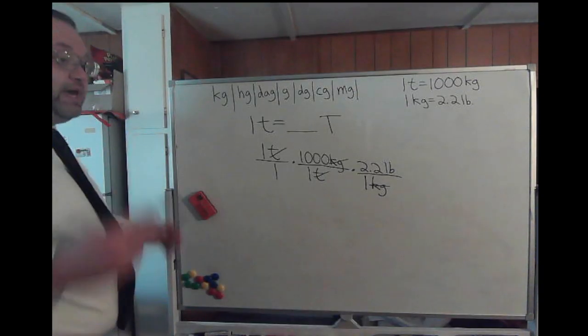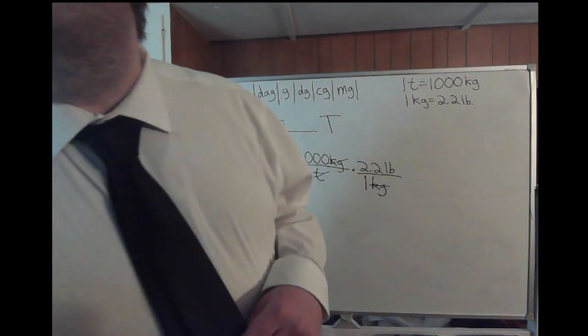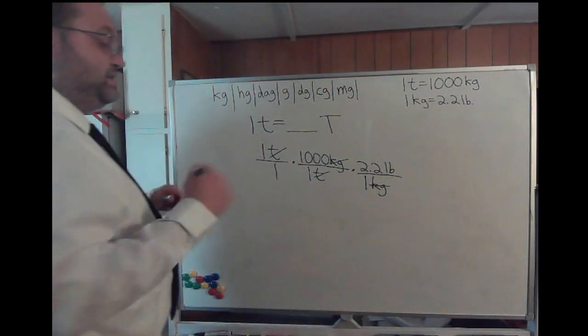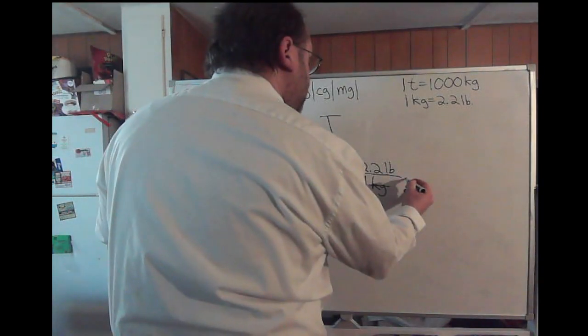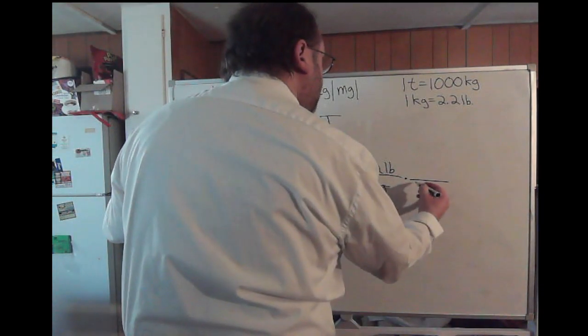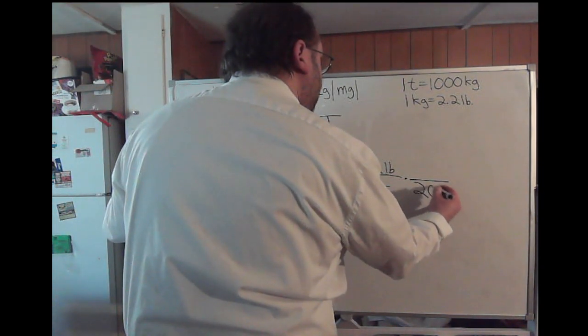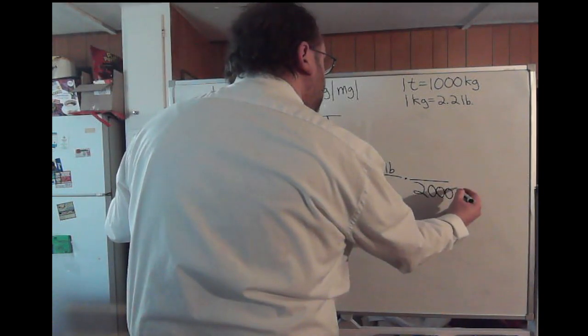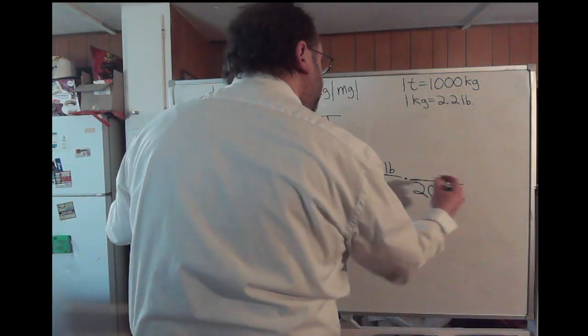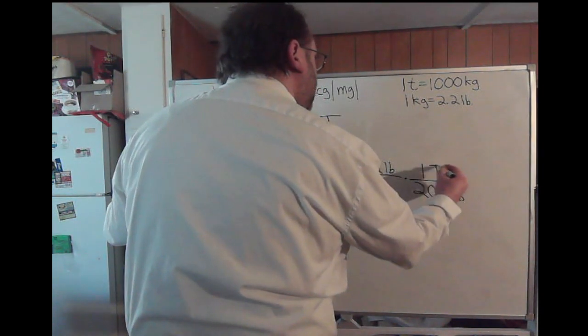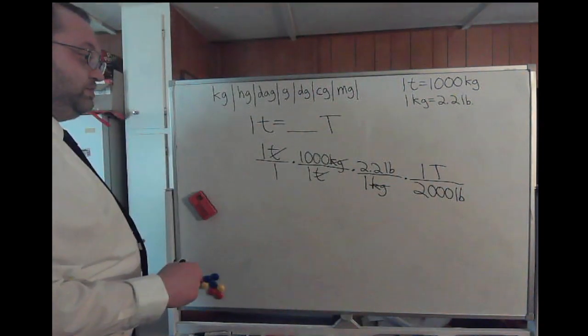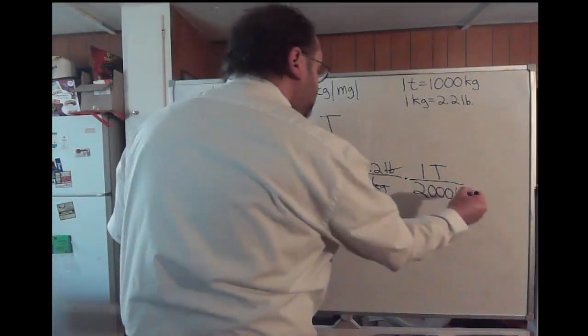Now we can get from pounds to American tons. We want the pounds to cancel out. We can use the fact that in 1 American ton, there are 2,000 pounds. So now your pounds cancel out.